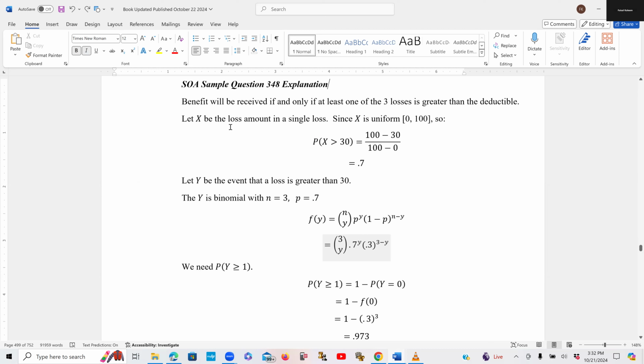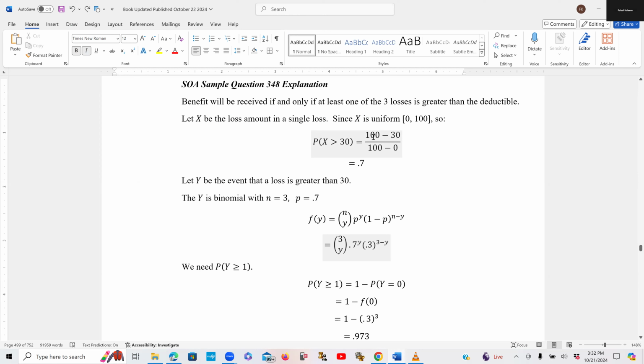So let X be the loss amount in a single loss, and we are told that X is uniform on 0 through 100, and the deductible is 30, so that's the probability we are interested in, the probability of X being greater than 30.